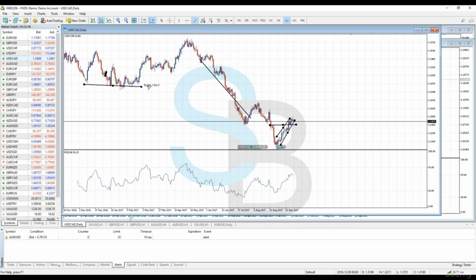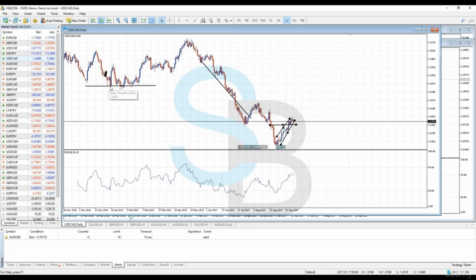So for example, here in the past where we had this sort of level of support, this area here, it held up because lots of traders are looking at the same level.